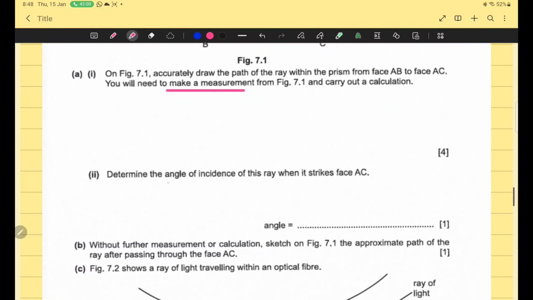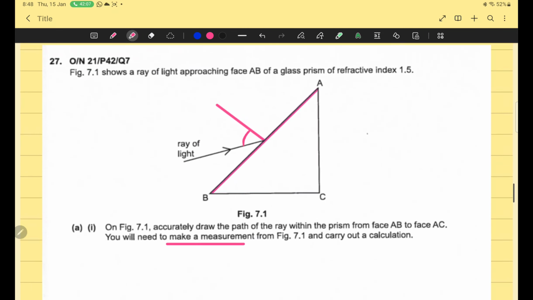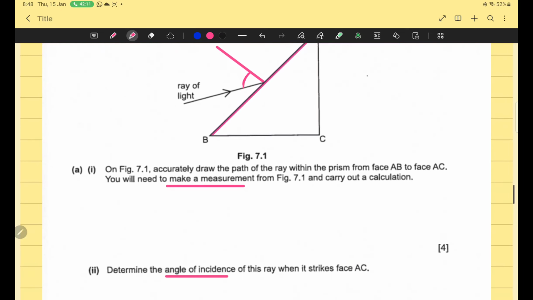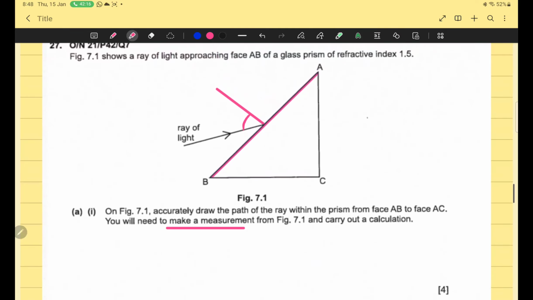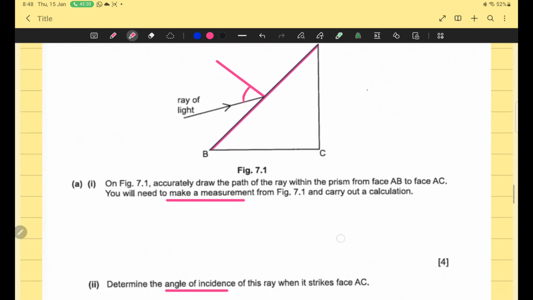The question is determine the angle of refraction of this ray when it strikes face AC. Accurately draw the path of the ray within the prism from face AB to face AC. You will need to make a measurement and carry out calculation.